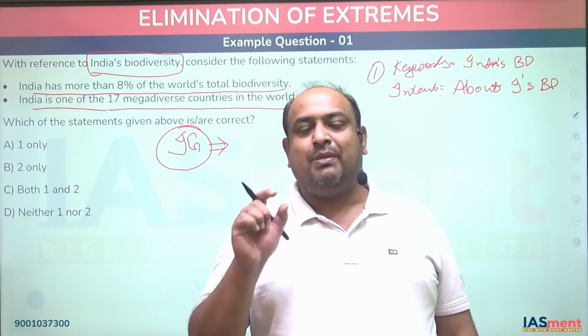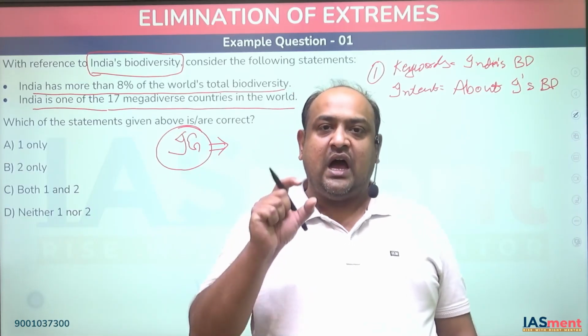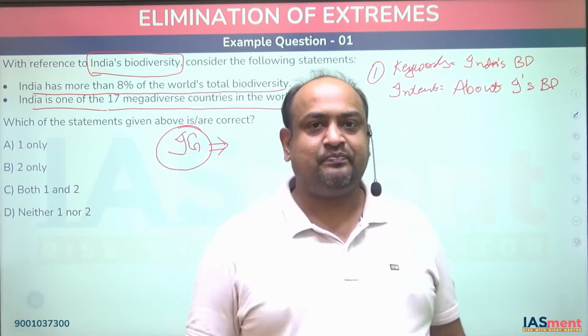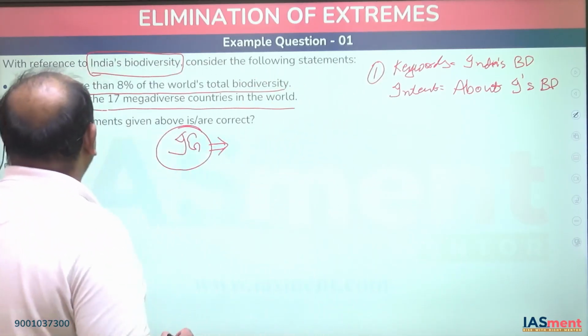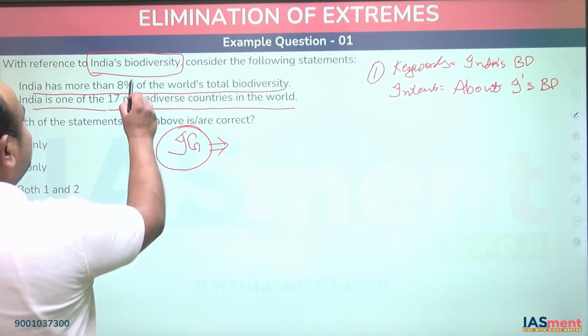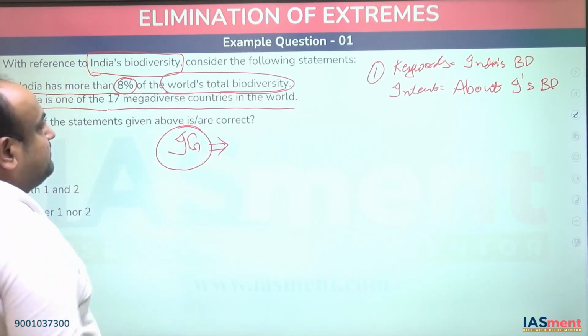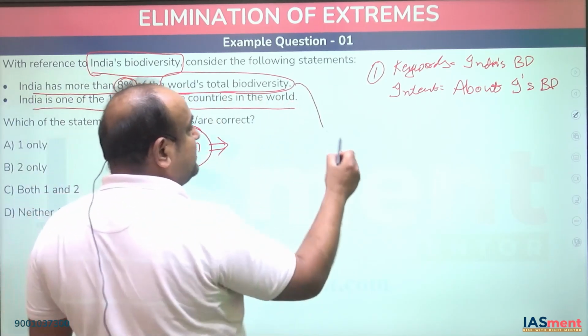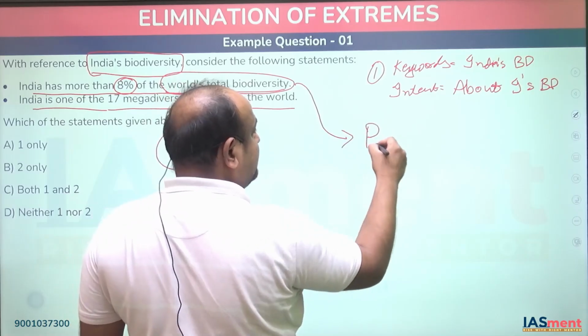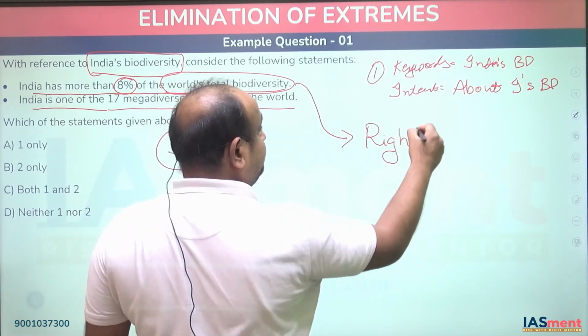Now see, by this much knowledge only, how do we solve this question. India has more than 8% of world's total biodiversity. This option seems right. Why?